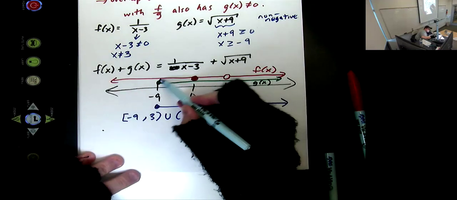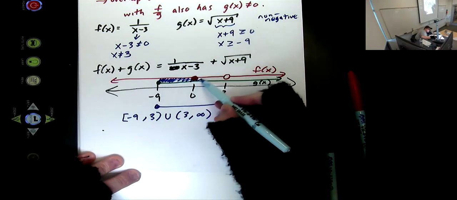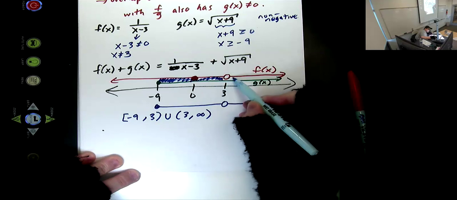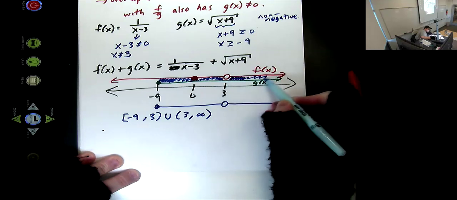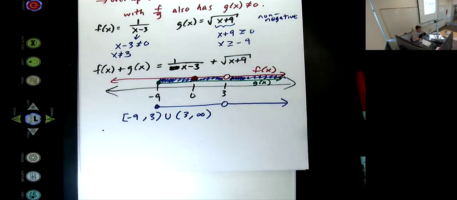They're in common right here. And not at 3, but they're in common past it. If I laid them on top of each other, where would both lines be? Where are they both true? They both have to be true.